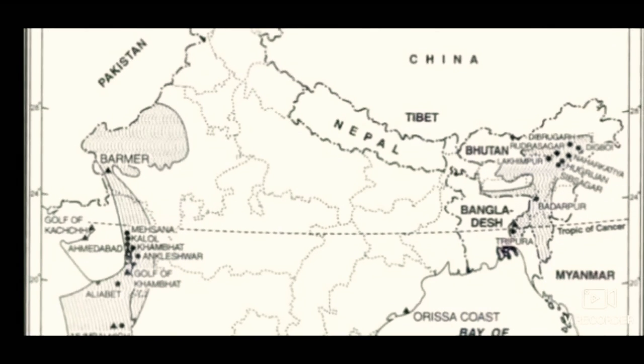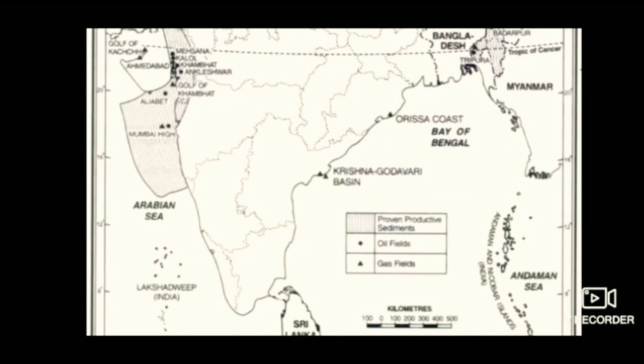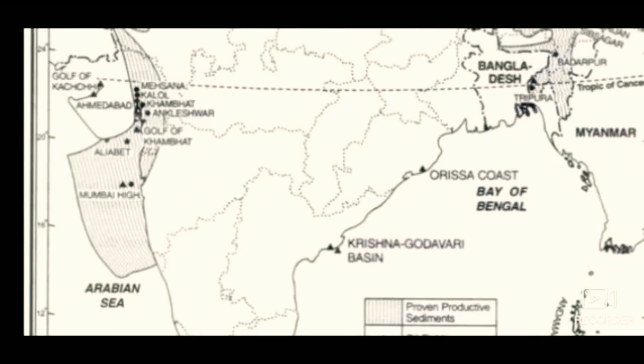Also in Rajasthan, Barmer, and in Assam, Digboi, Badarpur, etc. Also, there are some oil fields on the Orissa coast and in the Krishna Godavari basin. Apart from that, the gas fields in Mumbai High and the Gulf of Cambay are also indicated in this map.